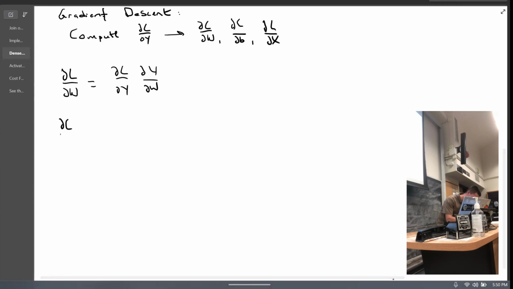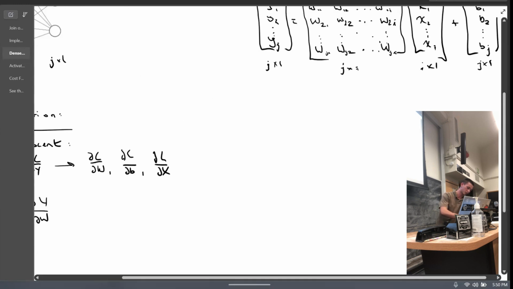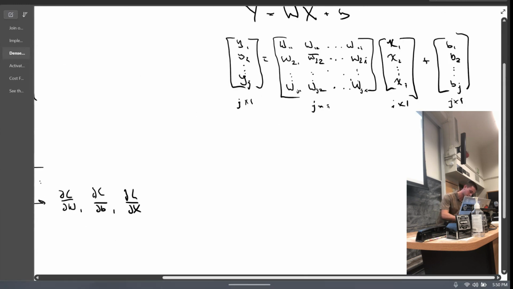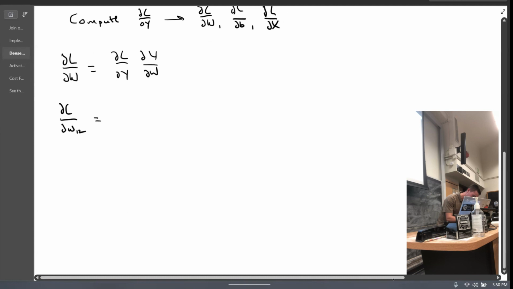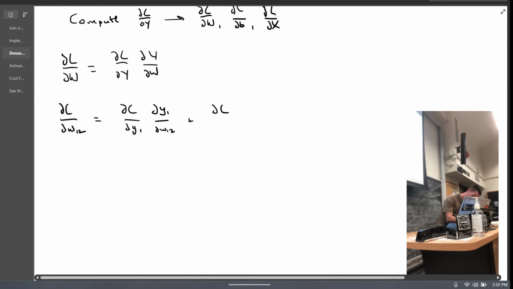If I want to compute the derivative with respect to W12, that's going to be this guy up here, then this is equal to the derivative with respect to Y1 times the derivative of Y1 with respect to W12, plus the derivative with respect to Y2, and so on, because C is a function of Y1, Y2, Y3, all the way up to Y sub J.